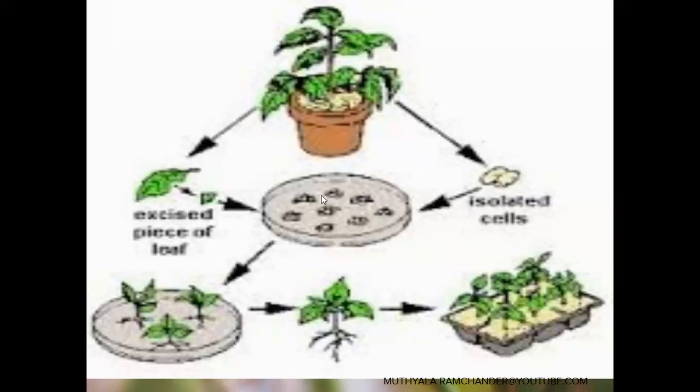If protoplast culture is absent and cannot be applied to these plants, these plants automatically become endangered species and then extinct. So it is very important for this type of plants. It is the process and main use of the protoplast culture.